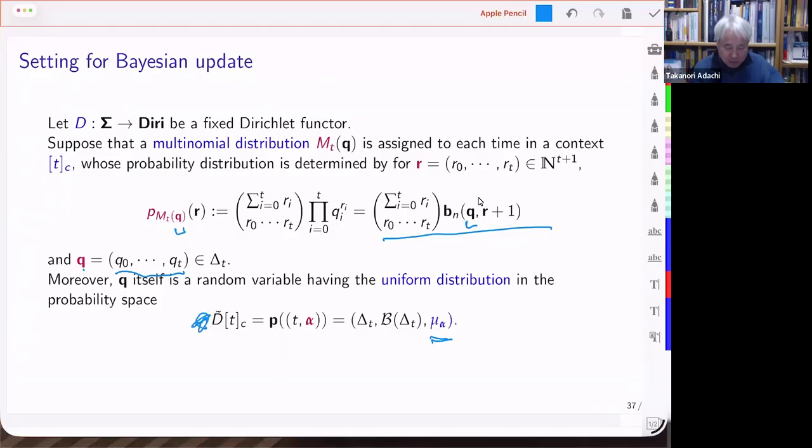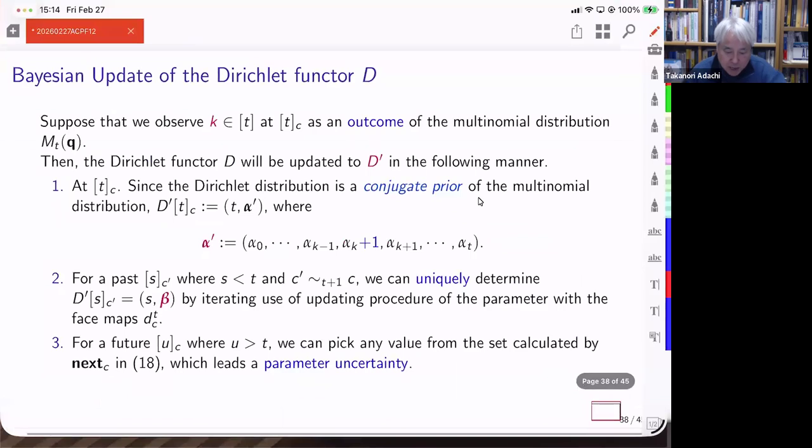Because this is Bayesian, the parameter is also a random variable, and that random variable lives in this probability space. By moving these, we update the prior to the posterior probability distribution.